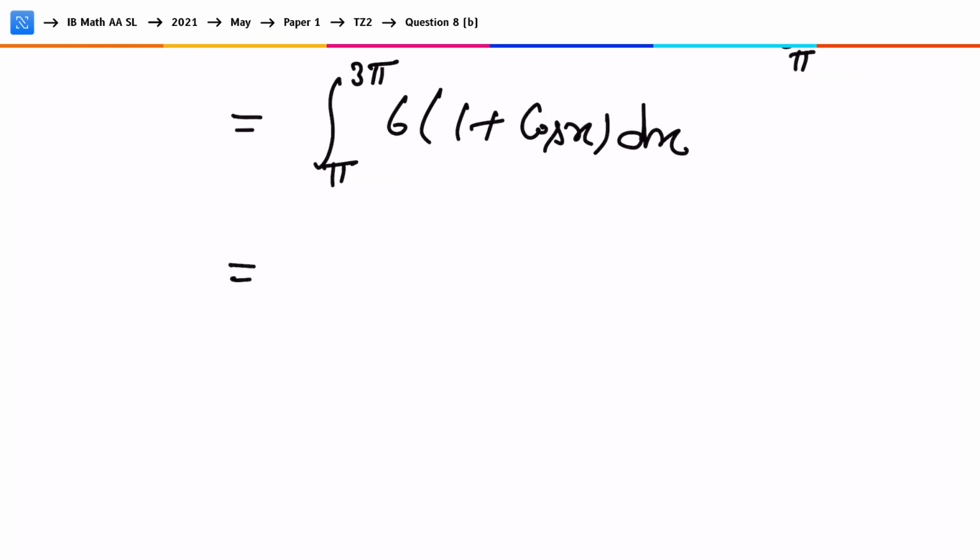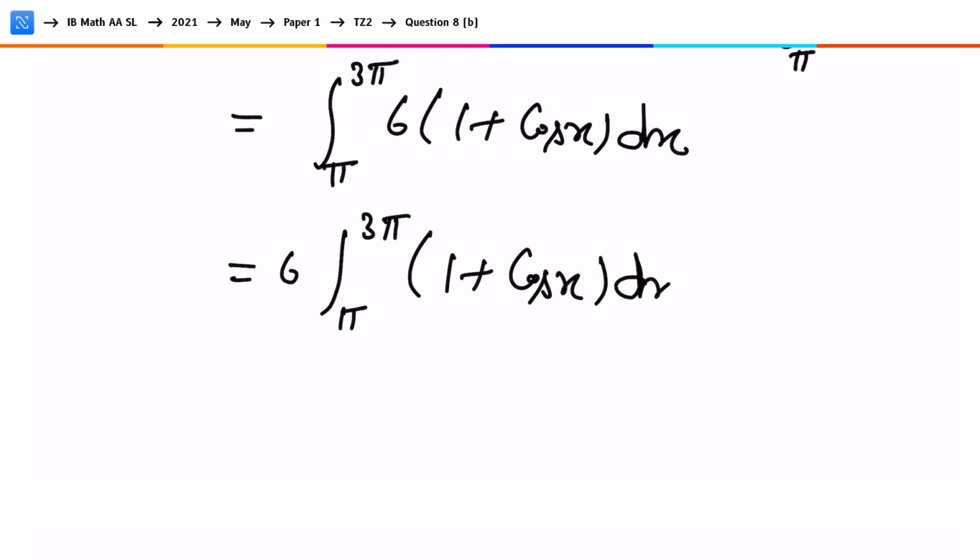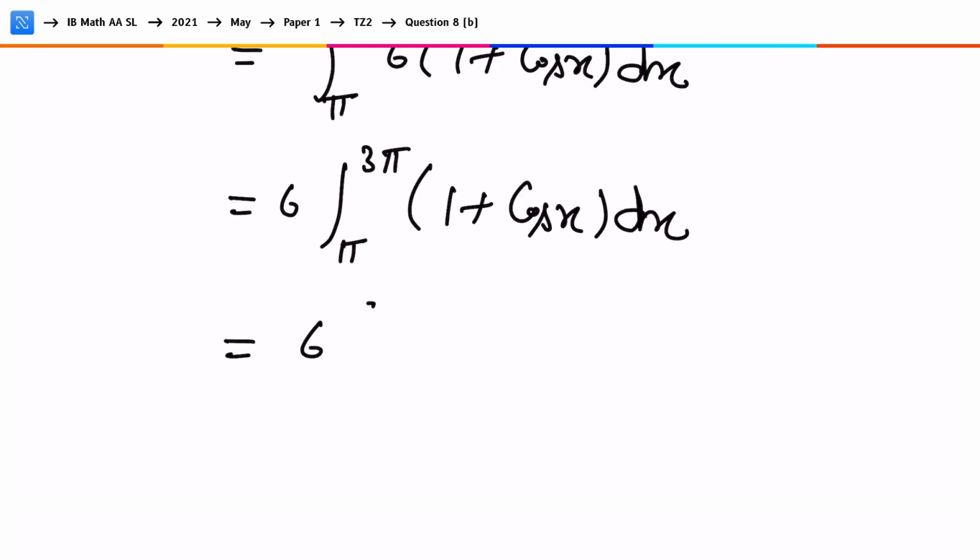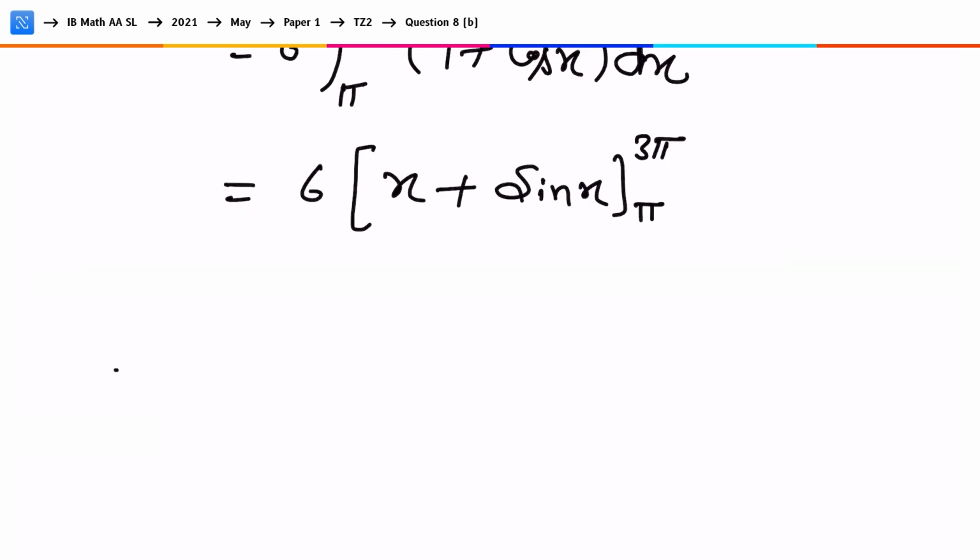That is equal to 6 times the integral from pi to 3 pi of 1 plus cos x dx, which equals 6 times x plus sine x, evaluated from pi to 3 pi.